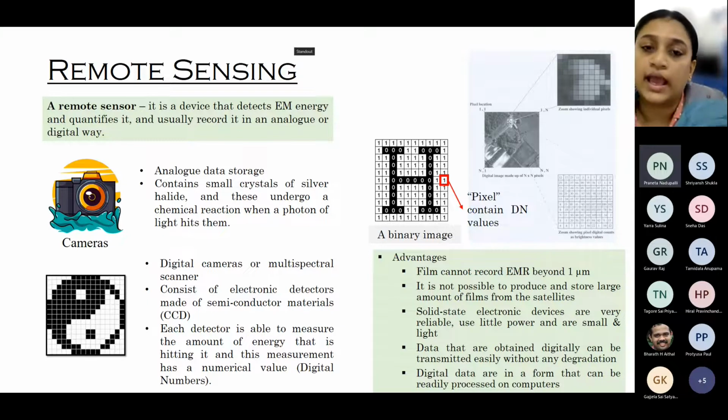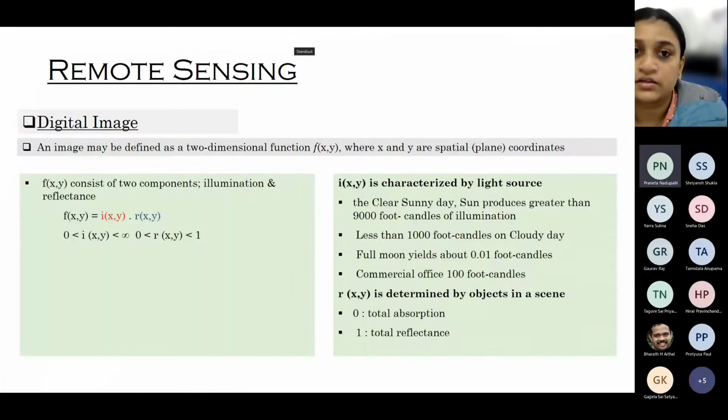They are small and easy to use. The data obtained is easily transmitted and stays for a long time without any degradation. Digital data is also in a form that can be readily processed in computers, since it carries numerical values. The other forms cannot. So that is why digital data is important.